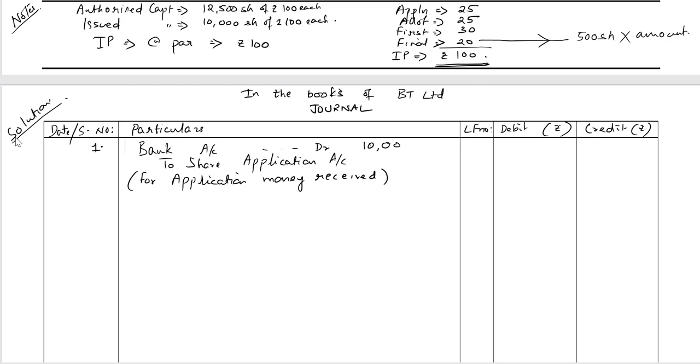The amount received, 10,000 shares multiplied by 25 rupees per share, which is 2,50,000 rupees.